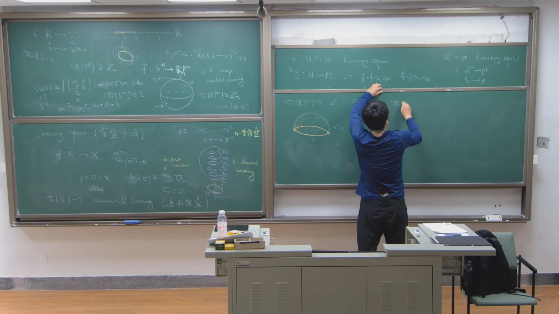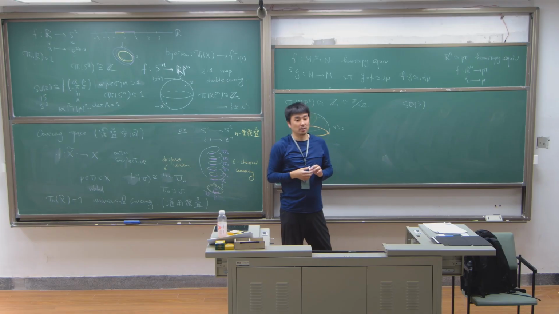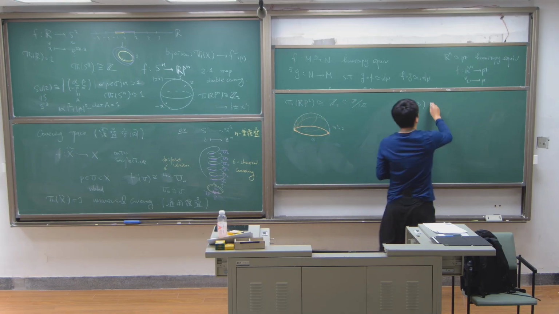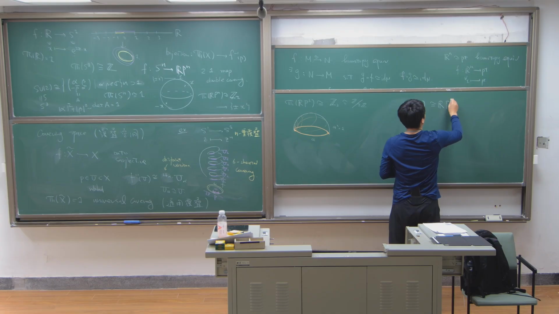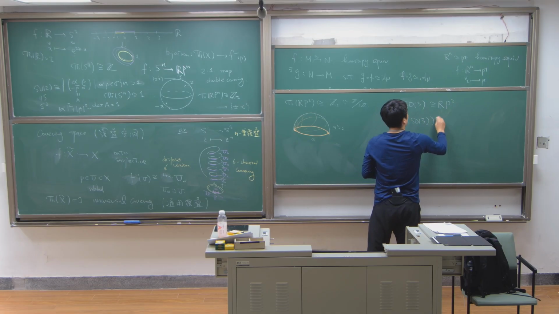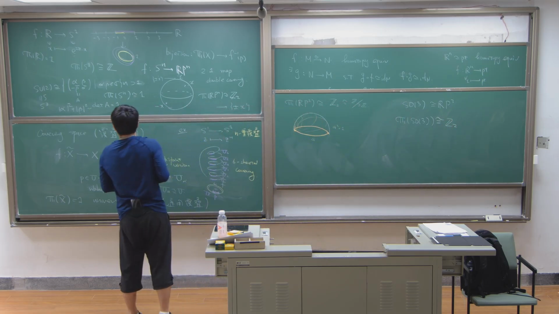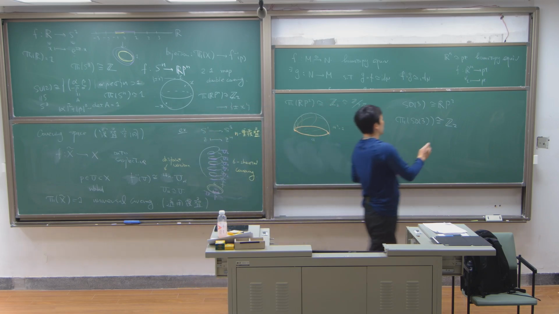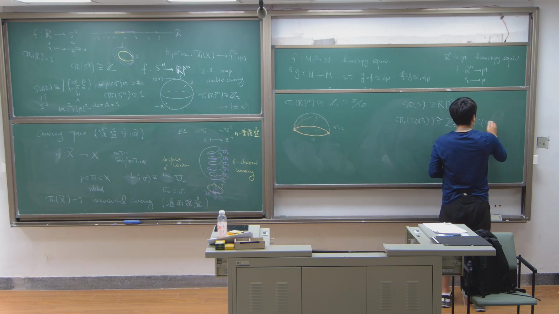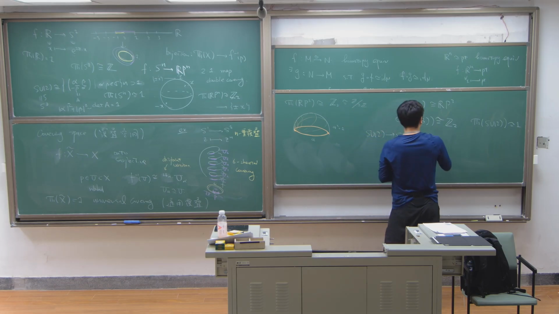And how about pi 1 of SO3? Topologically it is RP3, and therefore pi 1 of SO3 is isomorphic to Z2. And pi 1 of SU2 is trivial. We already constructed the double covering of SO3.